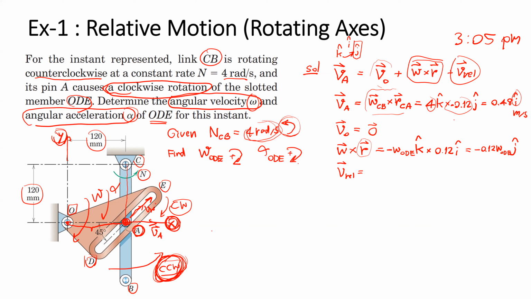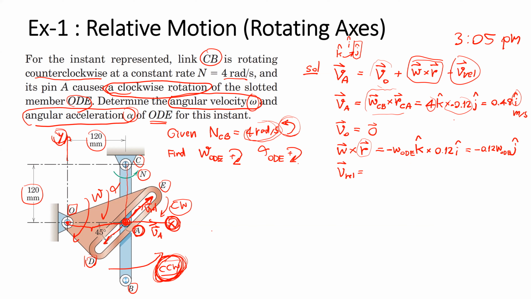We don't know the magnitude of the relative velocity. And we don't even know the direction, if it's going to point to this direction or point to the opposite direction.